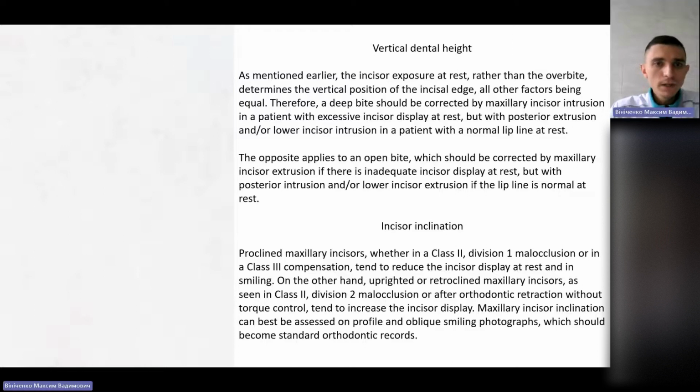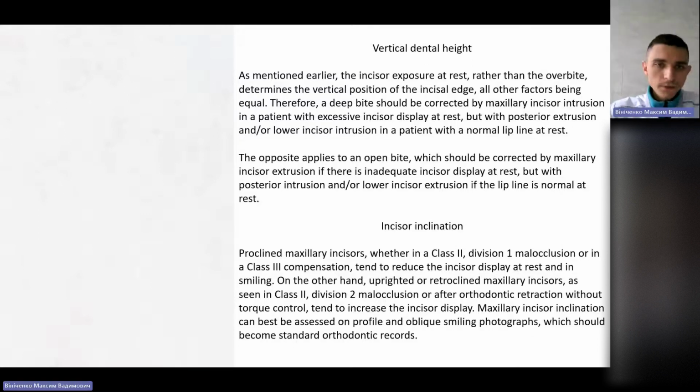The opposite applies to an open bite, which should be corrected by maxillary incisor intrusion if there is an adequate incisor display at rest, but with posterior intrusion and lower incisor extrusion if the lip line is normal at rest. What about incisor inclination?